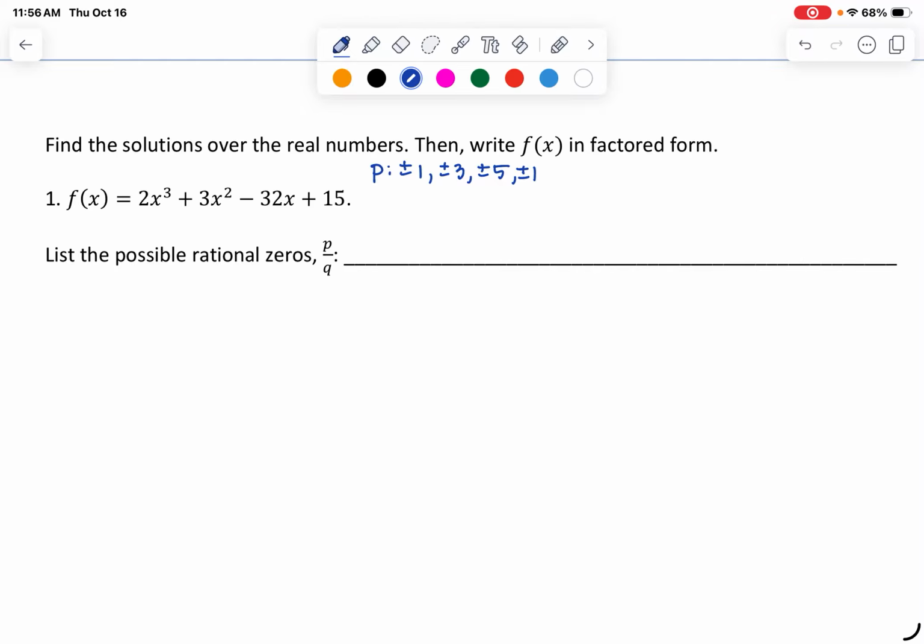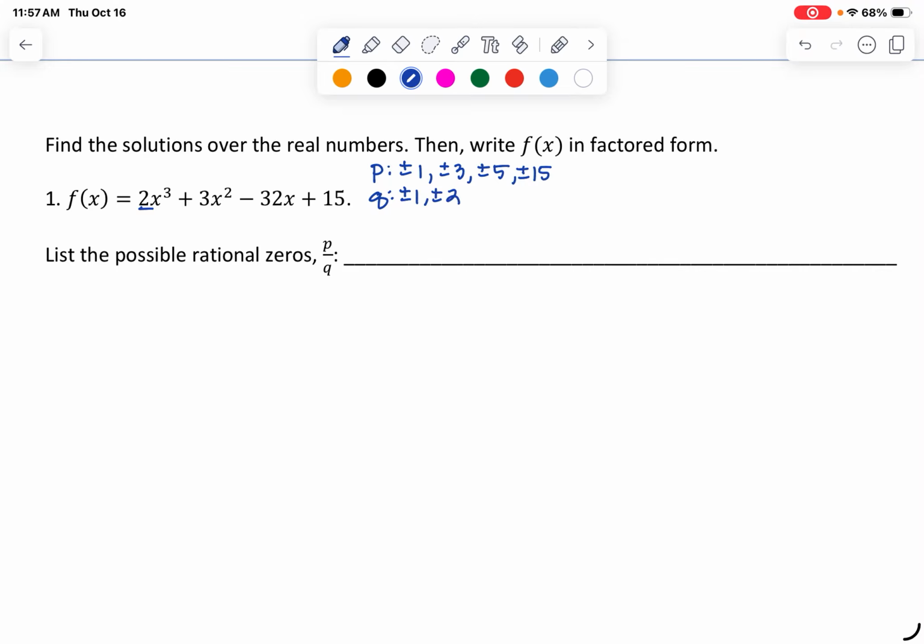And don't forget your plus or minus. And then for Q, I have my lead coefficient is 1, so that's plus or minus 1 and plus or minus 2, okay? So to get my P over Q list, I have to divide all of these by 1, which is just generating the list, right?